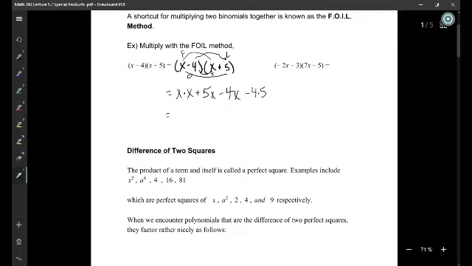X times x is x squared. 5x minus 4x is x. 4 times 5, 20, negative, so minus 20.